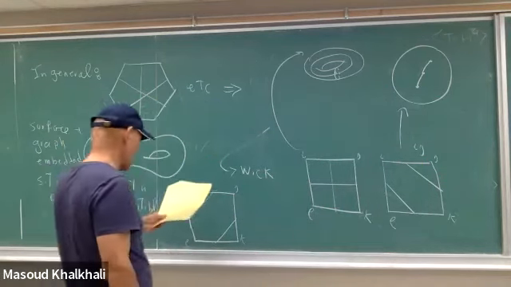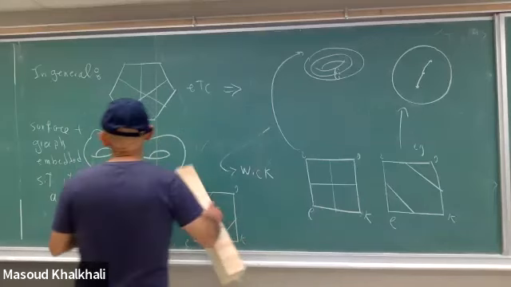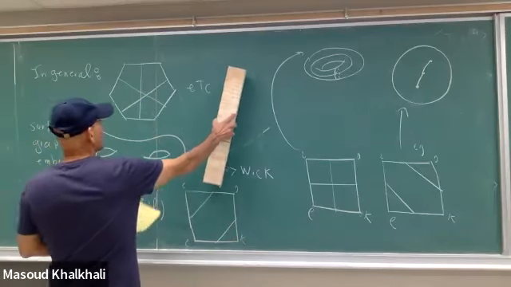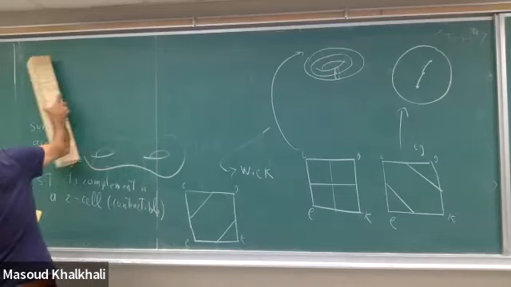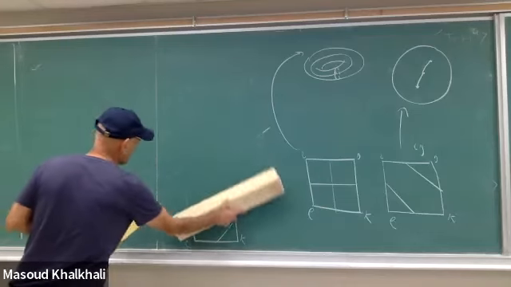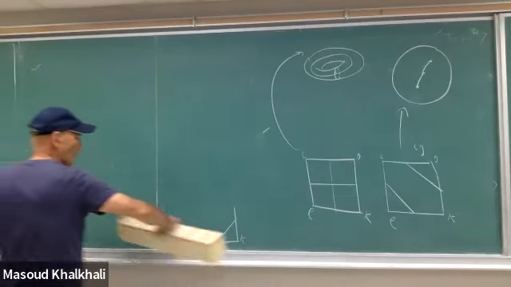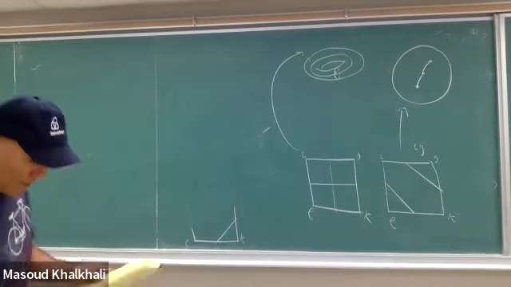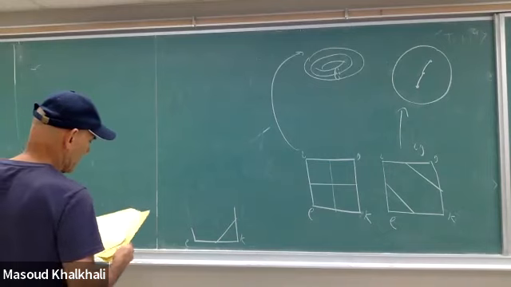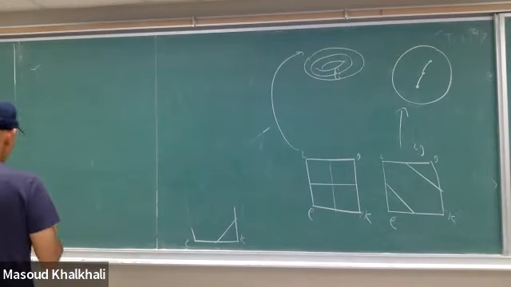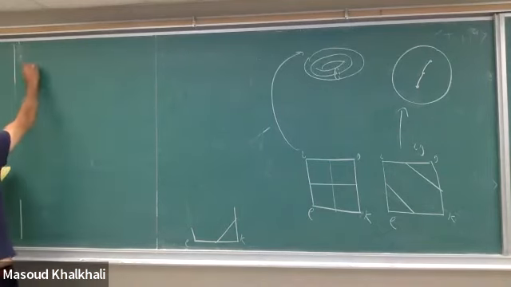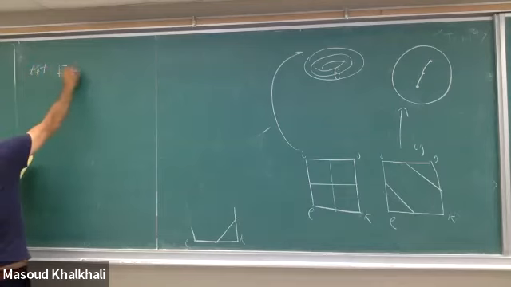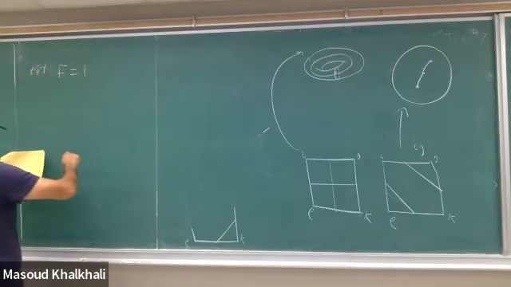So let me now write down a little bit of the Euler characteristic of such a surface for you, and then I will compute in terms of the Euler characteristic. So now let F equal 1. This is the number of faces.